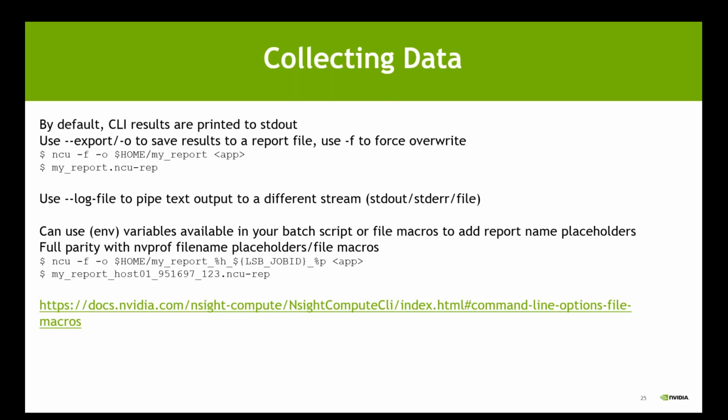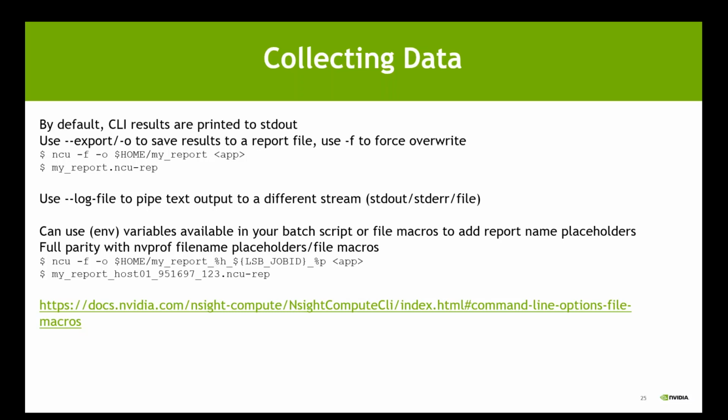By default, everything that the command line collects is printed to standard out. And that might not be what you want. You might want to put it into a report using the -export flag so that you can later load this report in the UI, or simply inspect it in more fine-grained detail at a later time.